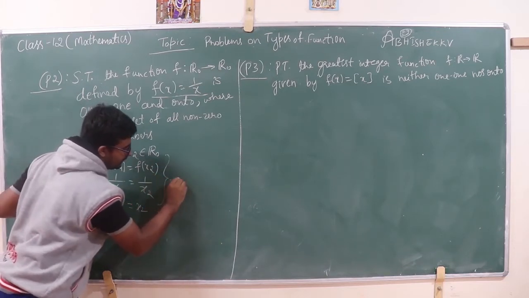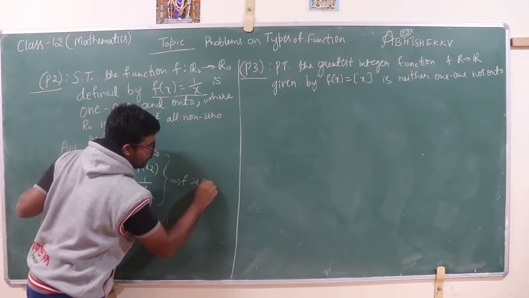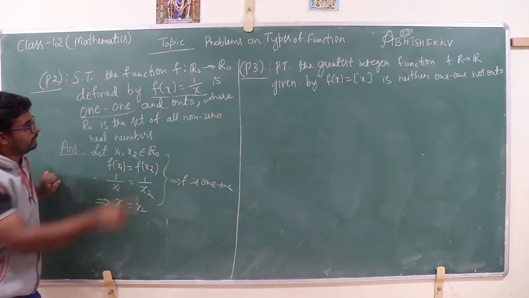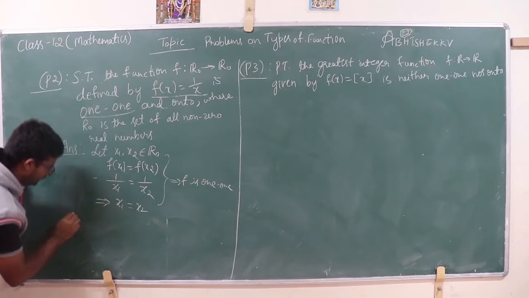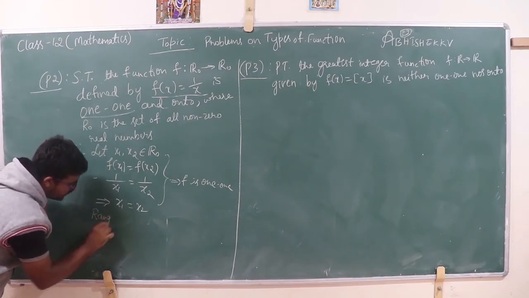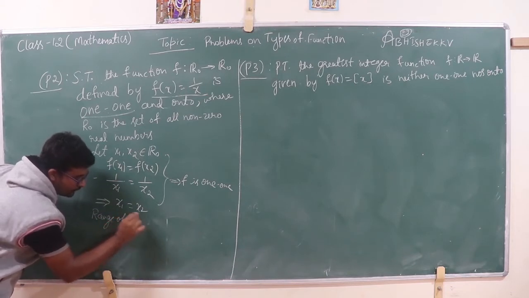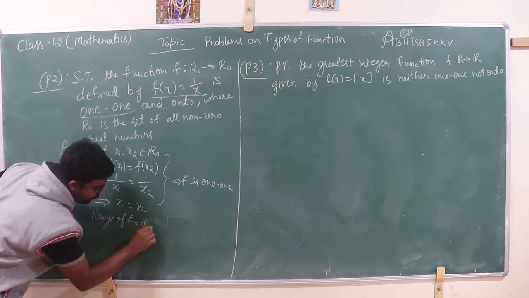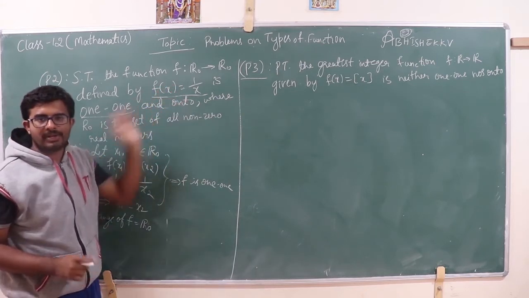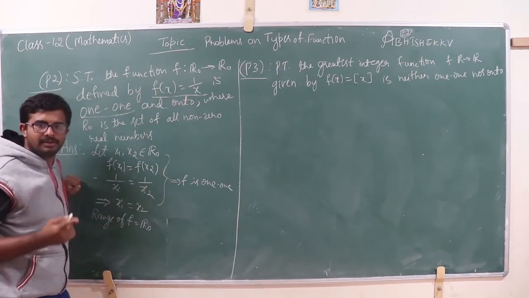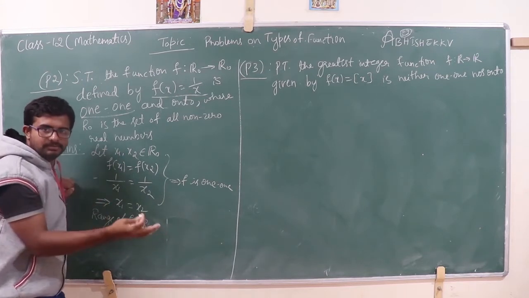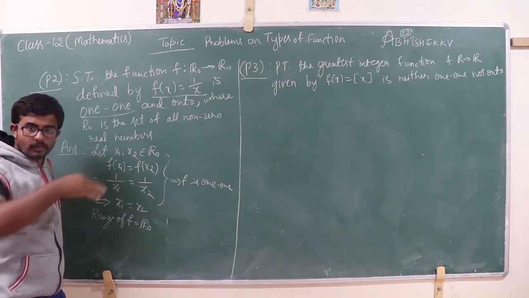This implies what? If it's 1-1, then you will get 1 mark. Then we need to prove what? Onto, right? Let us consider onto part. Then what is range? Range of f is equal to set of all non-zero real numbers, right? If I consider 1 by x, put x is equal to 1, 1 by 1, whatever we given as input, we getting all outputs.